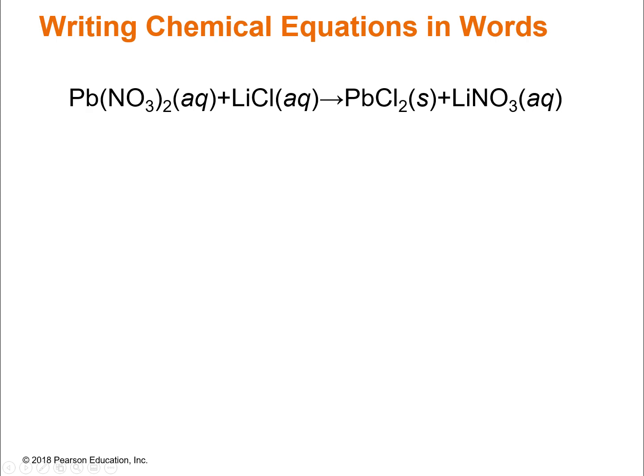Name each compound, take note of its state of matter, and write out this chemical equation in words. I'll give you a head start of about 2 to 3 minutes, and then I'll get started here with naming all of these compounds, and then I will write out the description.